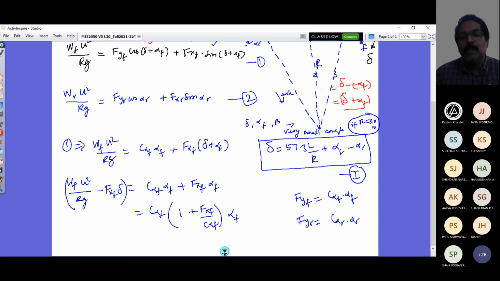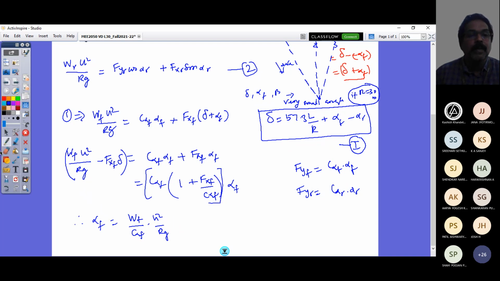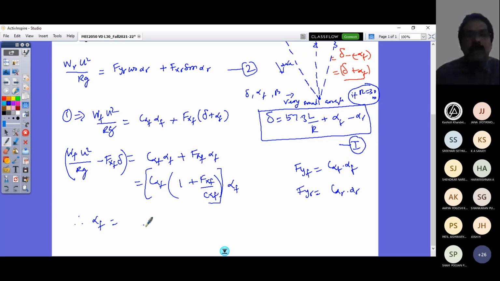So now I can write what is my alpha F. So therefore, alpha F would be, so this entire term, I'm going to bring it down here. So when I do that, it is going to be WF by C alpha F into U squared by RG. Sorry, so let me, afterwards I'll do that. I'm just going to take this down.